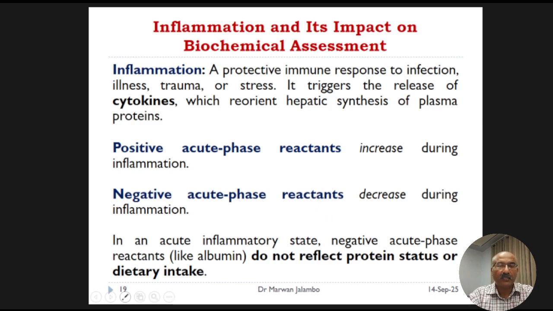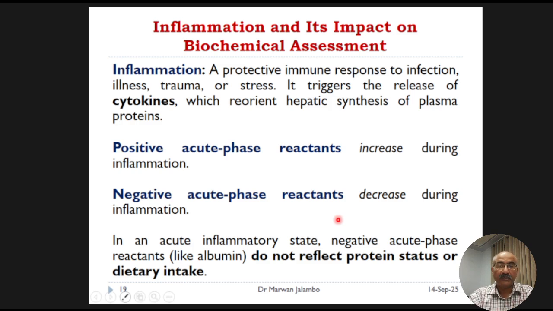So the proteins that increase are called positive acute phase reactants. The proteins that decrease are called negative acute phase reactants. This is a critical concept. During acute inflammation, levels of negative reactants like albumin and prealbumin go down.